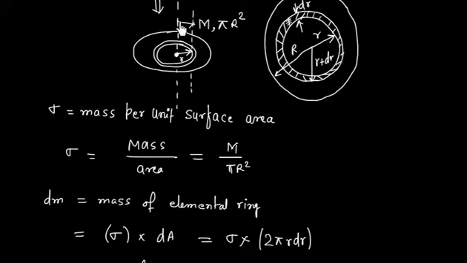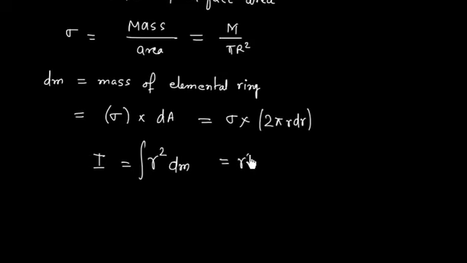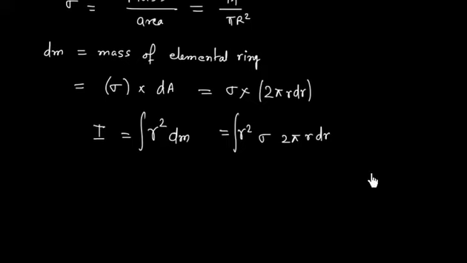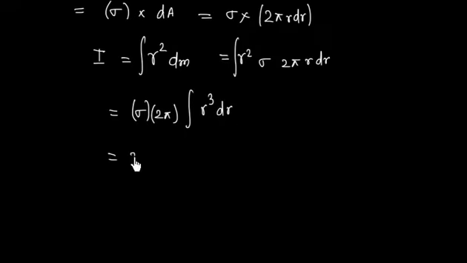So this distance is r, and r square is simply r square. dm is sigma 2 pi r dr. So we can take sigma into 2 pi outside because these two are constant, leaving r cube dr. Now we have 2 pi sigma times the integral of r cube, which is r to the power 4 by 4, and we integrate from 0 to capital R.